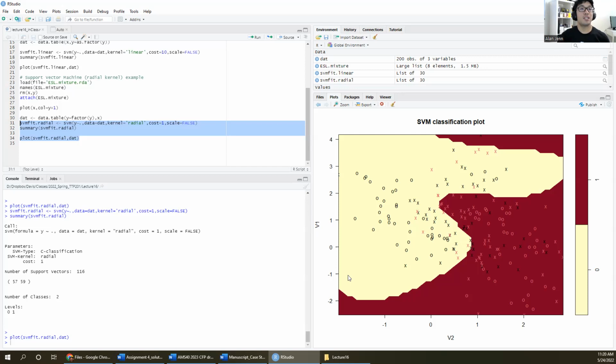Okay, I see another question. Is there a way we can quantitatively assess the quality of a classifier? Yeah, exactly. So how would we think about assessing quality, right?